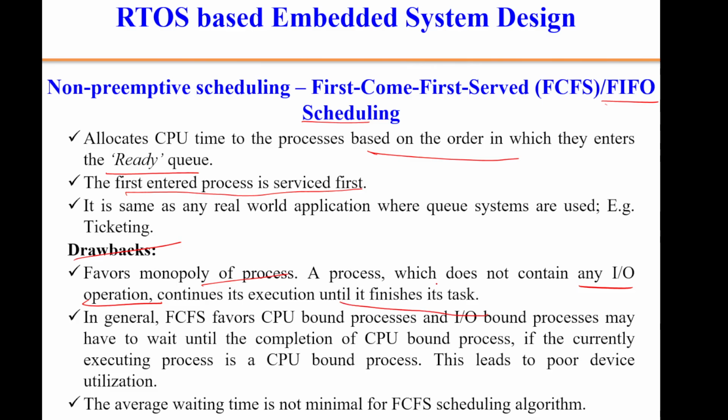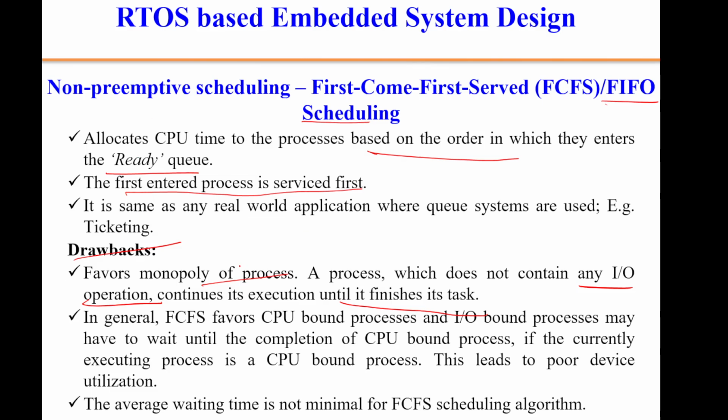Suppose we have a process that does not have any IO operation, for example, requiring a response from a keyboard, which is an IO operation. If it does not have any such operations, that process will execute until its completion. That is the disadvantage.